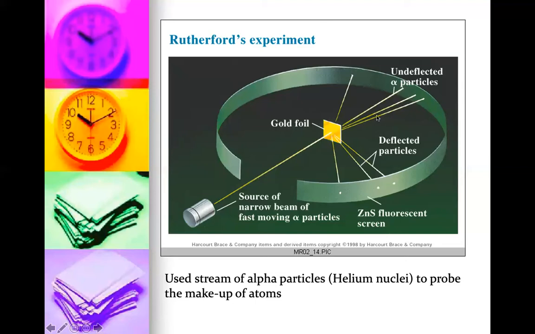And this is sort of a reader, where it recorded the particles when they hit the zinc sulfide fluorescent screen.